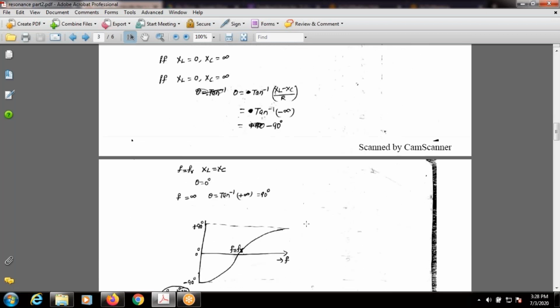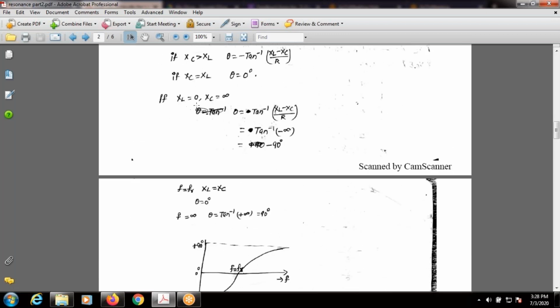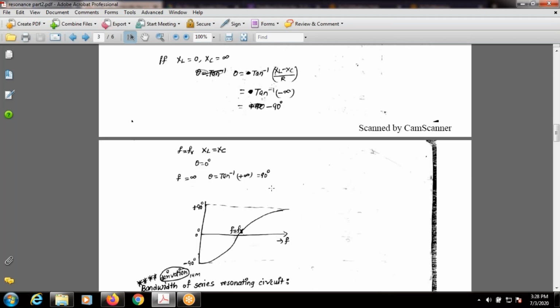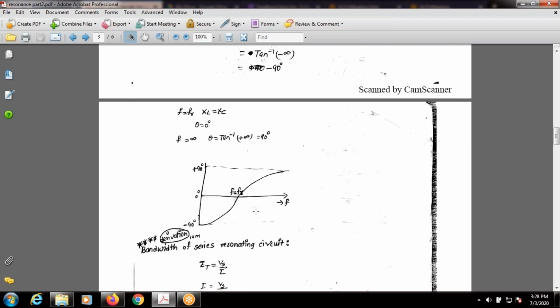Now coming to some special cases: if XL is equal to 0, XC is equal to infinity. Similarly, when XL is equal to XC, theta is equal to 0. Now here, this is the curve, almost like an S-shaped curve.